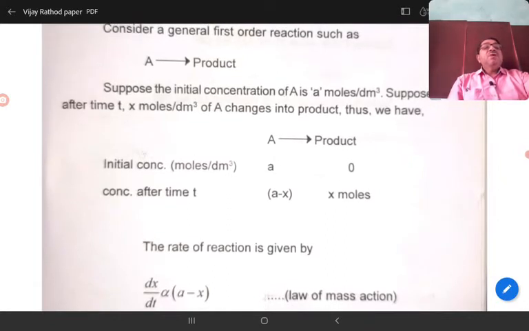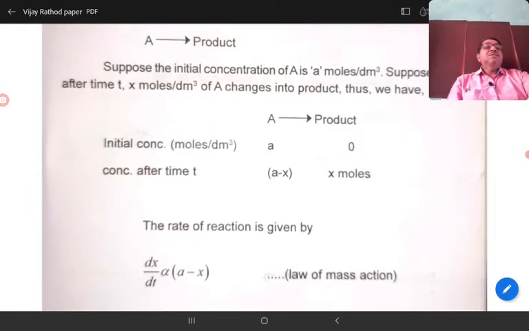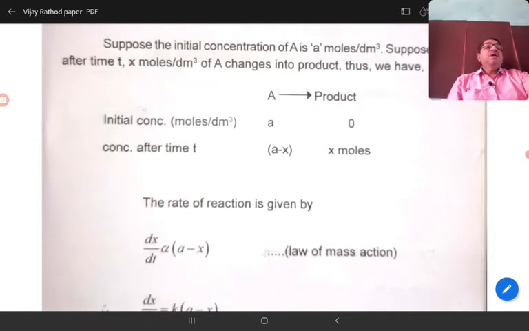This we have to remember first, that is, initially there is no product formation, just the initial concentration a. After time t, the concentration is a minus x, and x moles are formed on the product side.